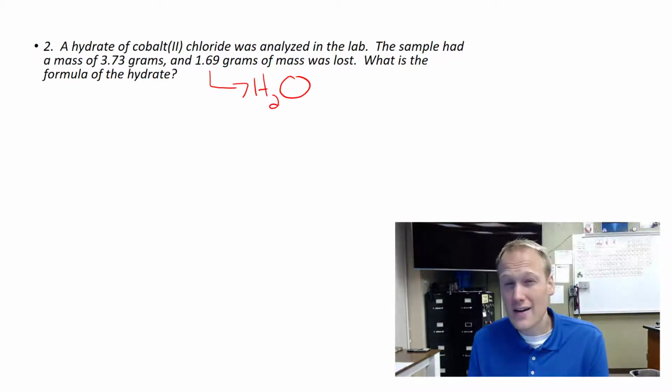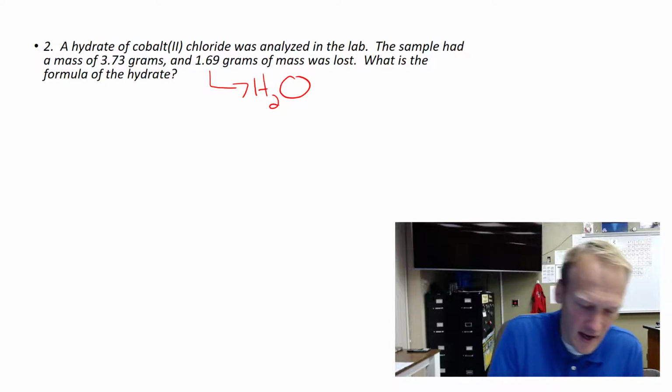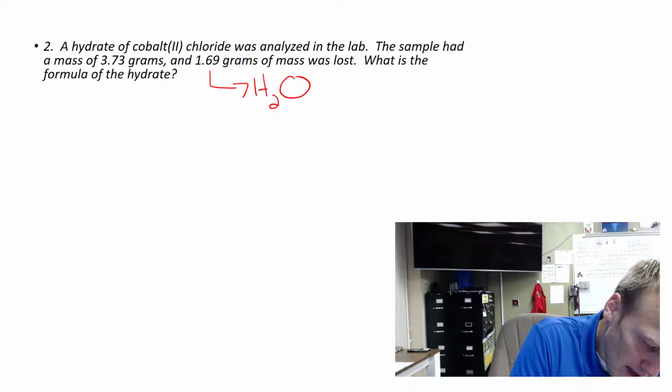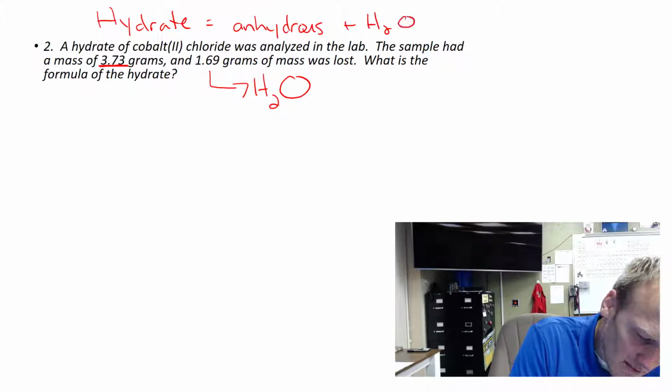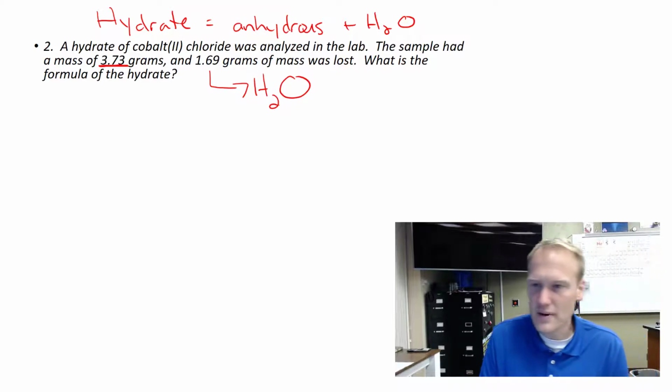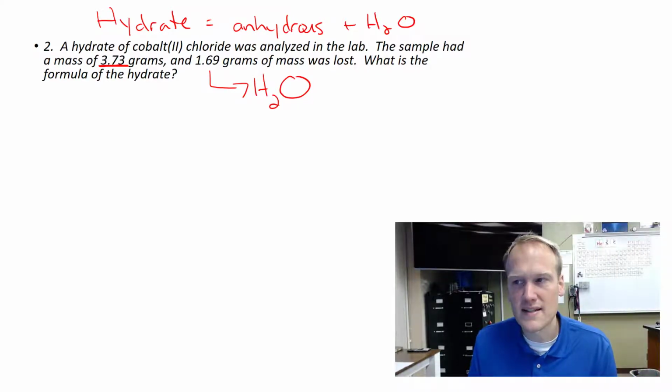What we need to figure out is the mass of the anhydrous salt, but we don't have that right now. What we have is the mass of the hydrate. So the hydrate equals the anhydrous plus the water. To get the anhydrous, I need to take 3.73 and subtract the 1.69.